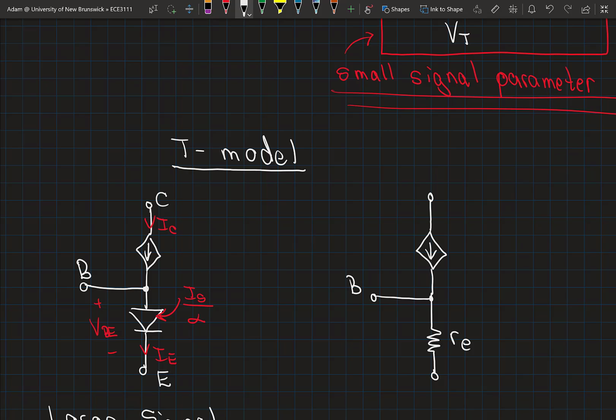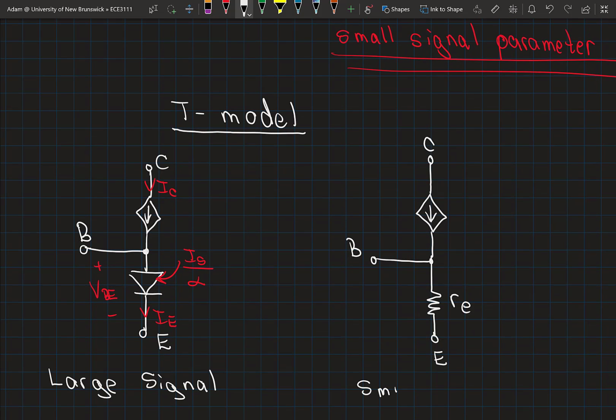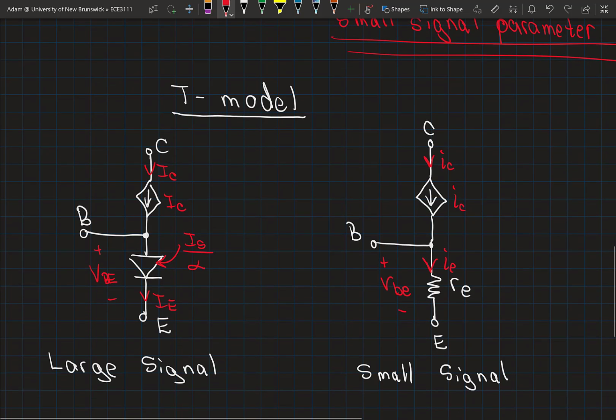So much simpler model in the small signal realm, and it allows for much simpler analysis of the behavior of the circuit. I guess technically this is IC here, and this controlled current source is also IC.